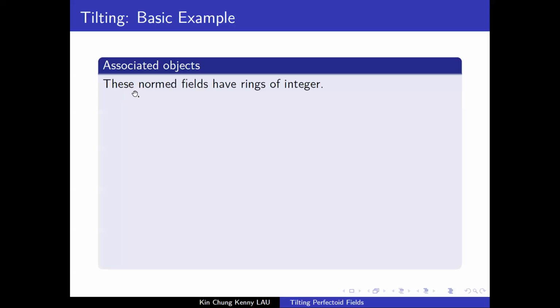Before that, these normed fields have rings of integers. For example, for Q_p, the ring of integers is Z_p, and it is always defined to be the elements with norm at most 1. This doesn't work for the real numbers, because this set would not be closed under addition.